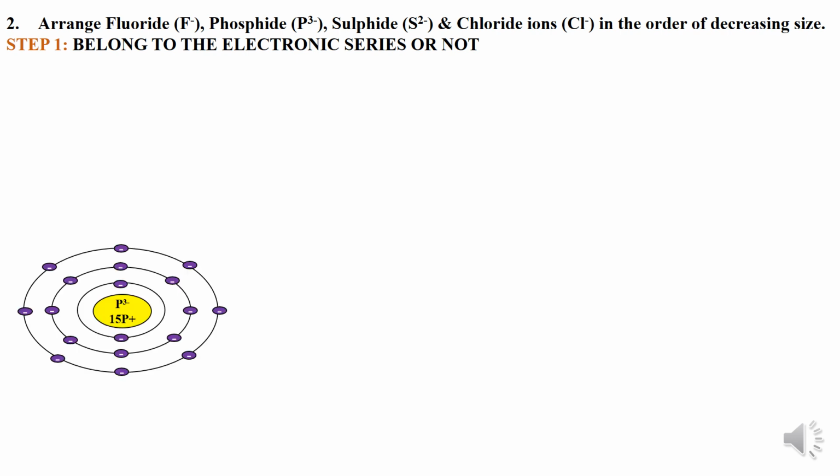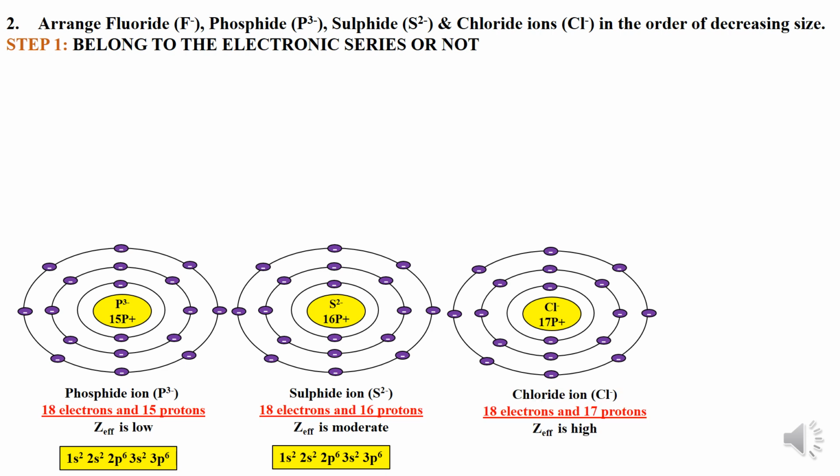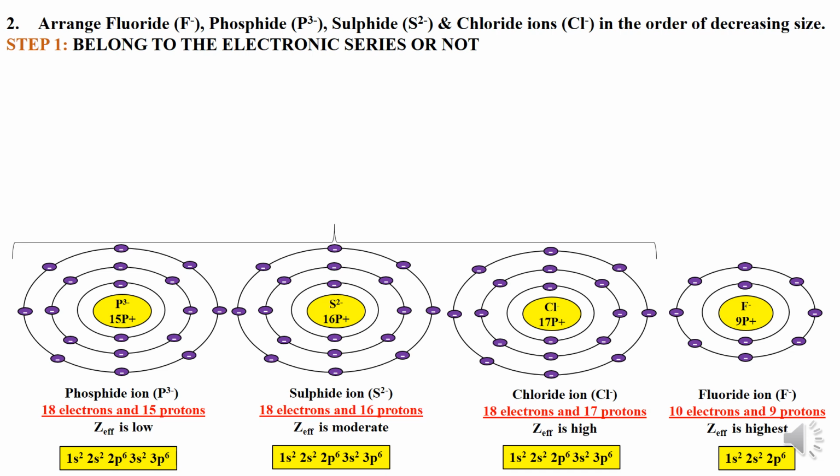So you have phosphide with 18 electrons, sulfide with 18 electrons, chloride ion with 18 electrons, but fluoride ion with only 10 electrons. Now in this series of 4 ions, only 3 are isoelectronic in nature. Why?